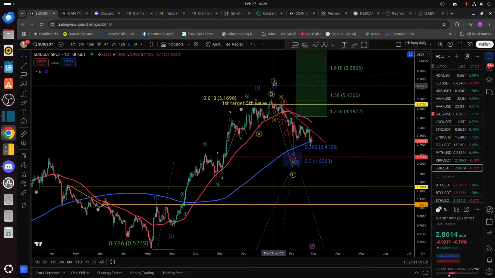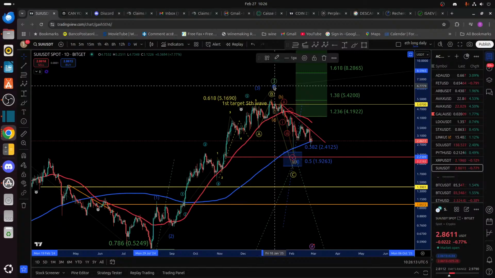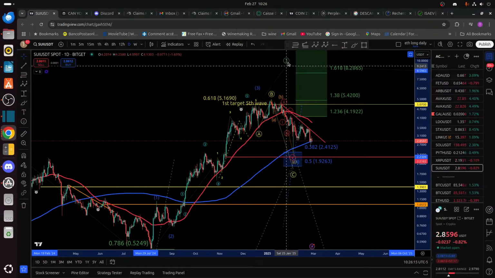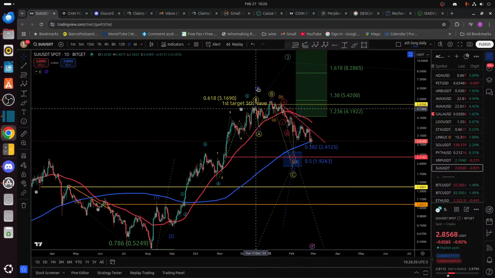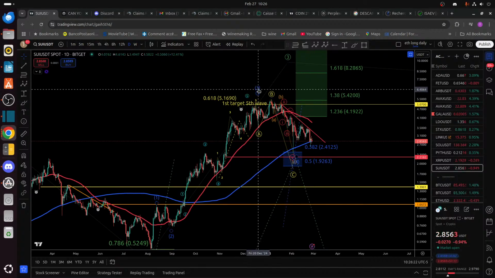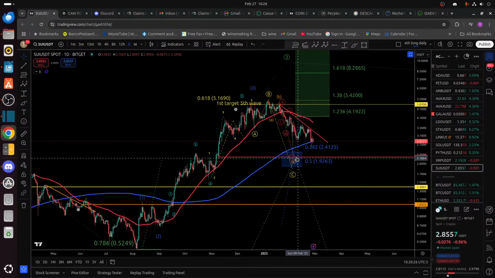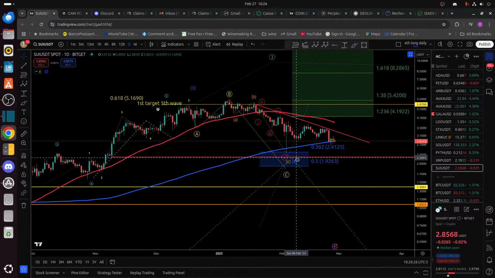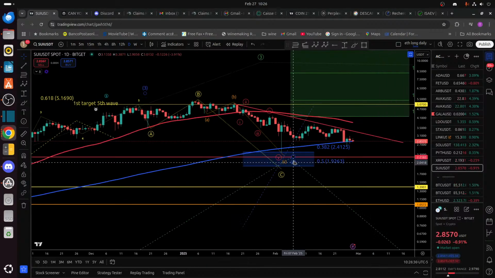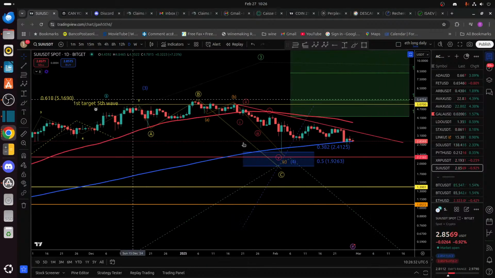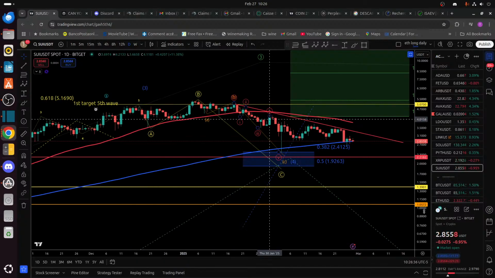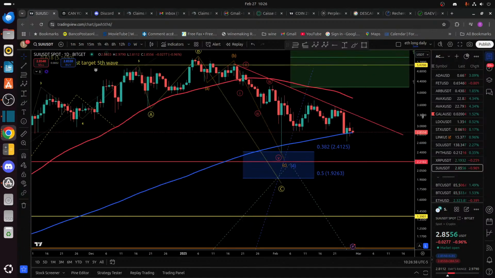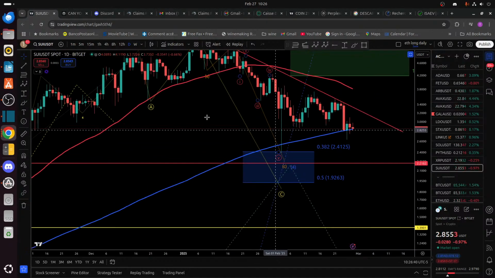So it implies that, in my opinion, this third wave in green could go even higher, because we just closed the third wave in dark blue. This correction is the fourth wave of this dark blue count, and within this fourth wave we did an A, B. Now I'm trying to find a way to read this chart.